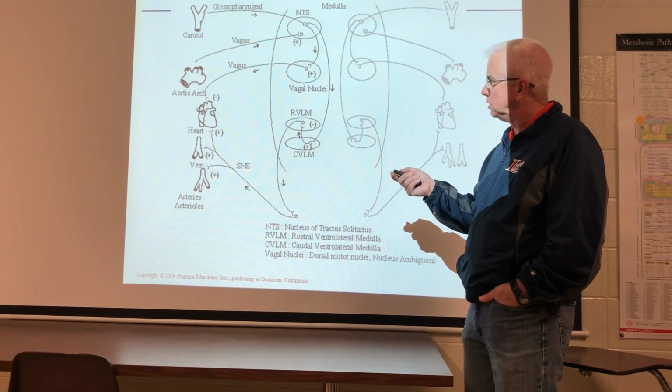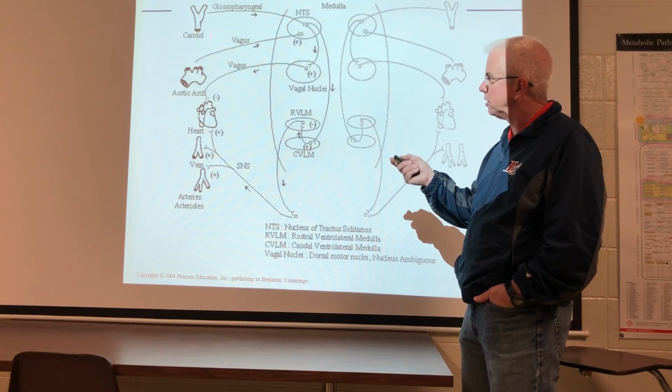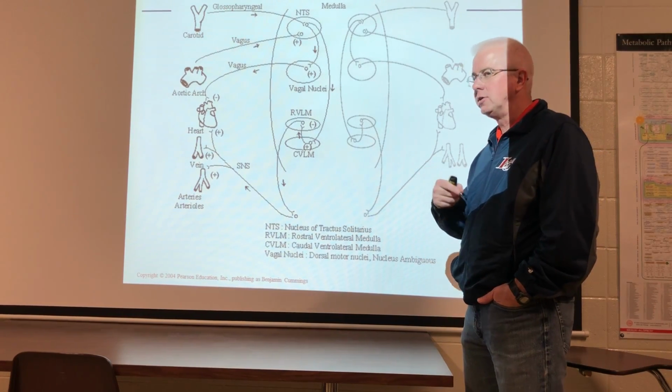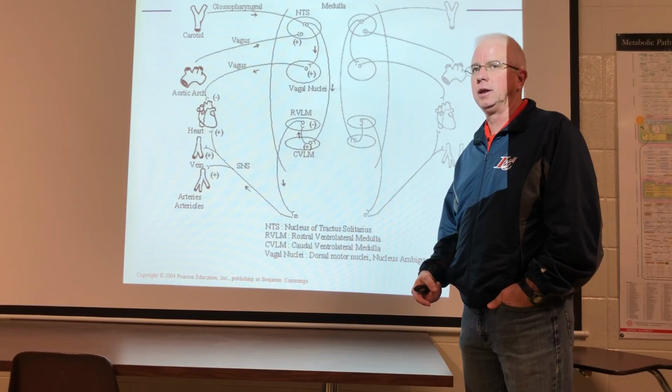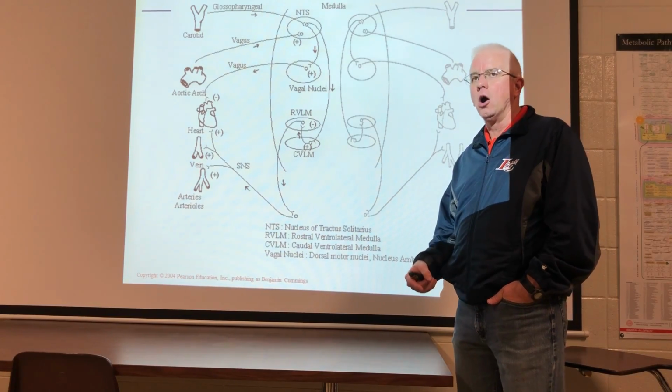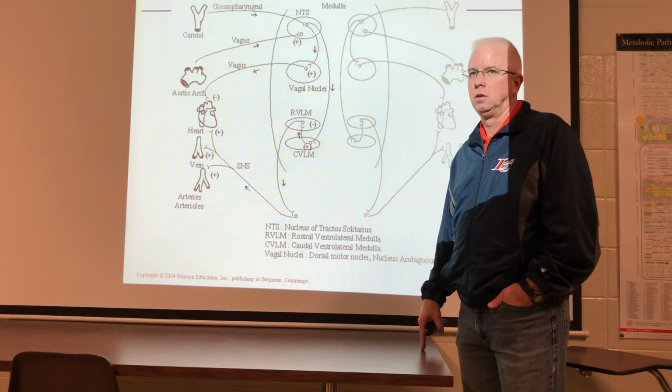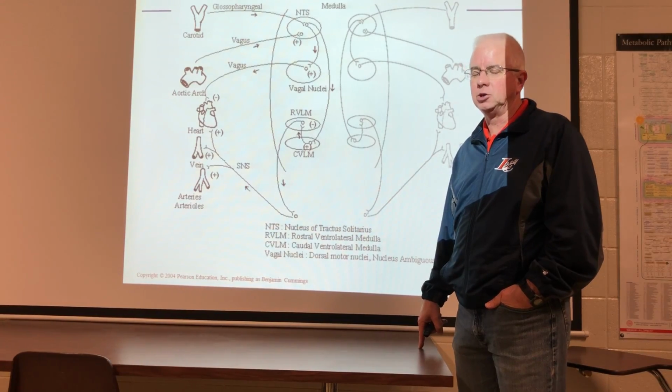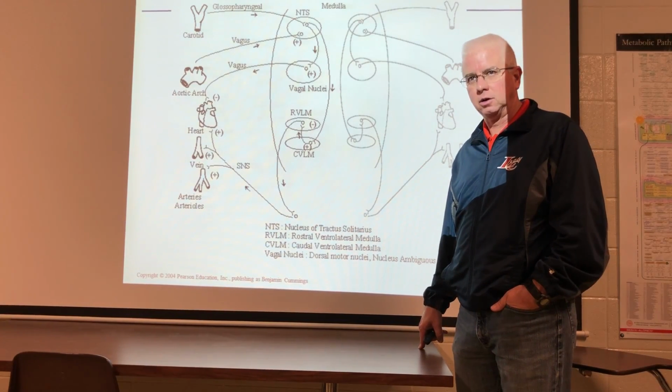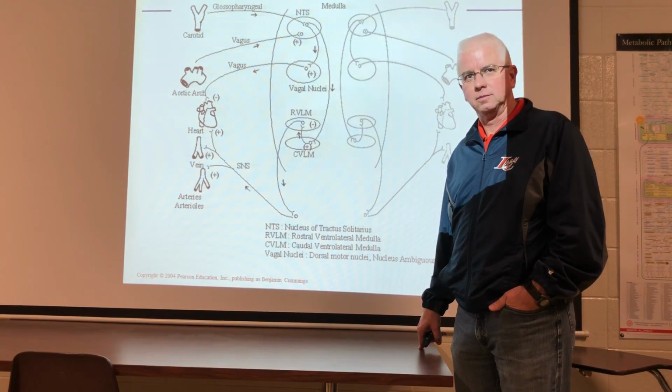The information that cranial nerve 9 and 10 are delivering to the medullary nuclei is critical. They are critical pieces of information for the cardiovascular and respiratory system.